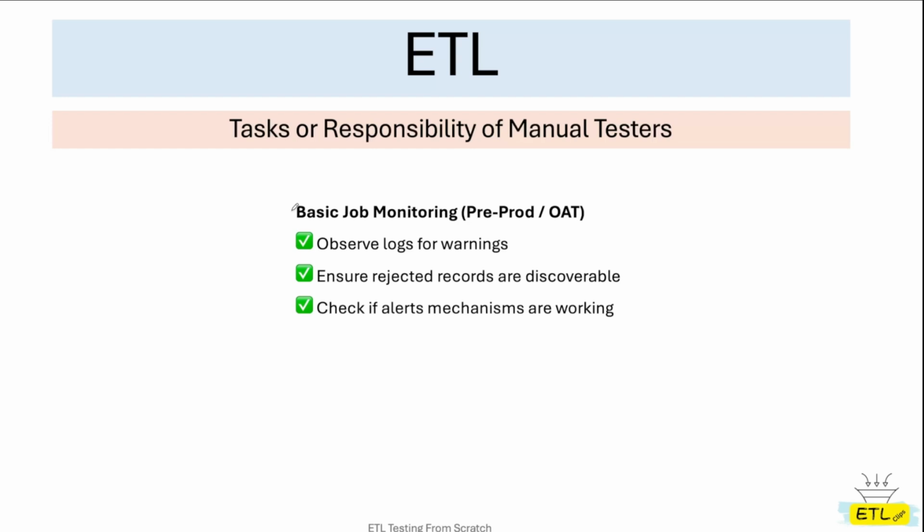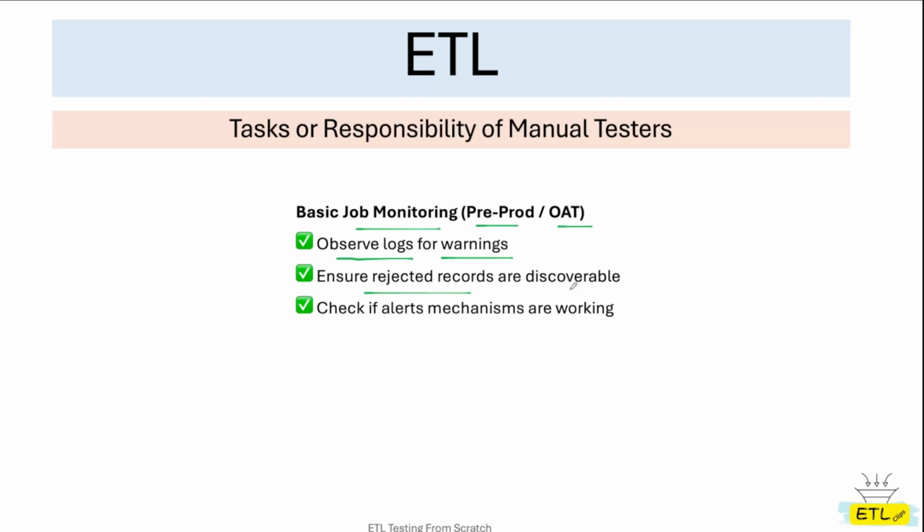Next one is a continuation of tasks and responsibilities of manual testers. Basic job monitoring of pre-prod and OIT. Observe that logs and warnings are working correctly. Ensure rejected records are discoverable. If the records are rejected, as a tester, you must find out from the logs or in the DLQs somewhere.